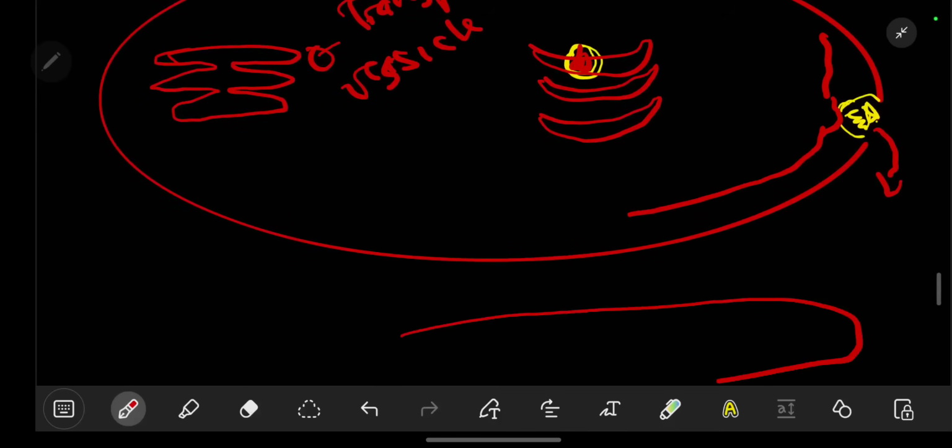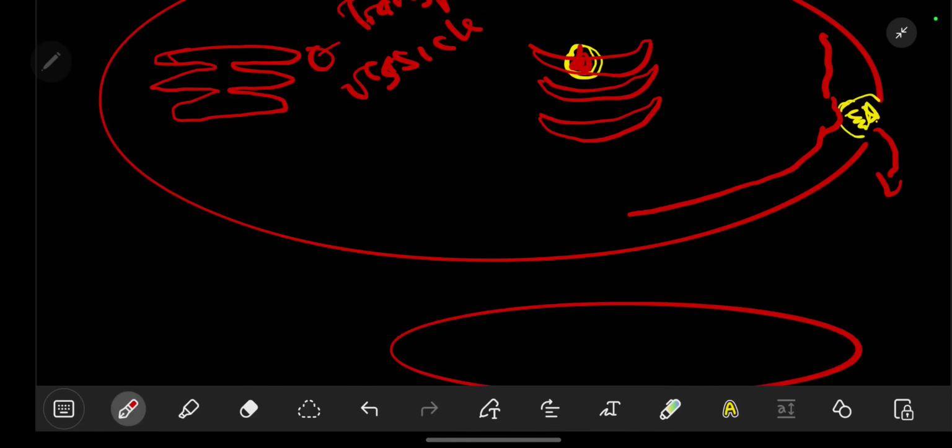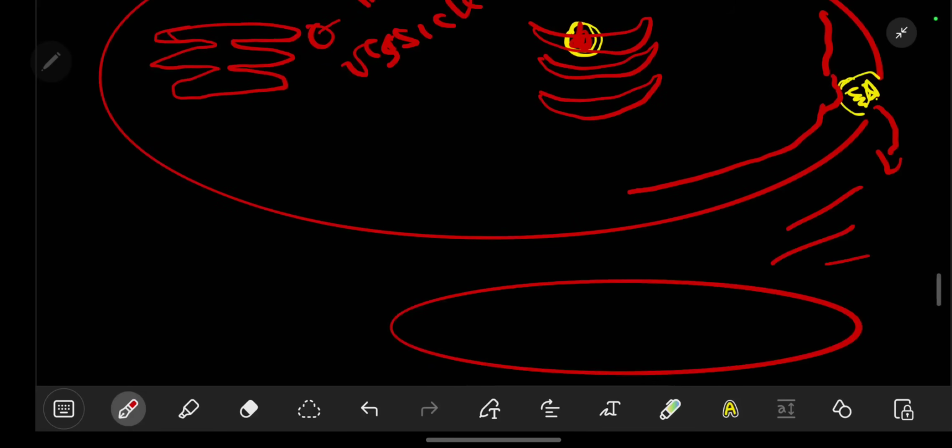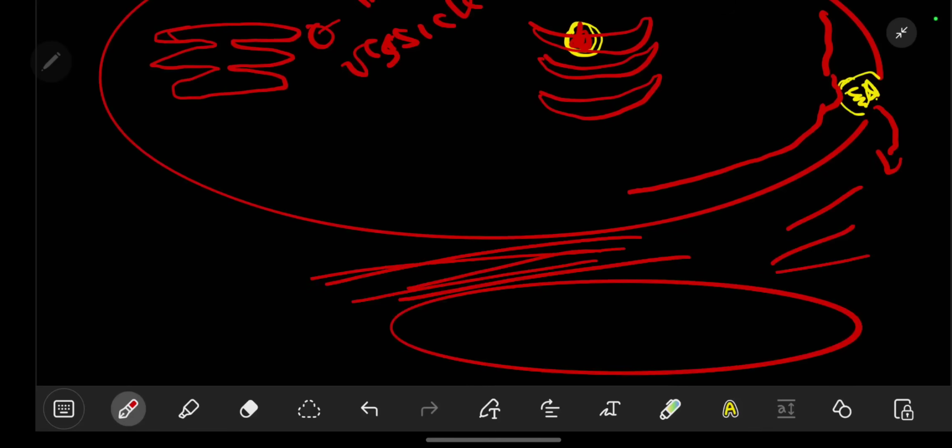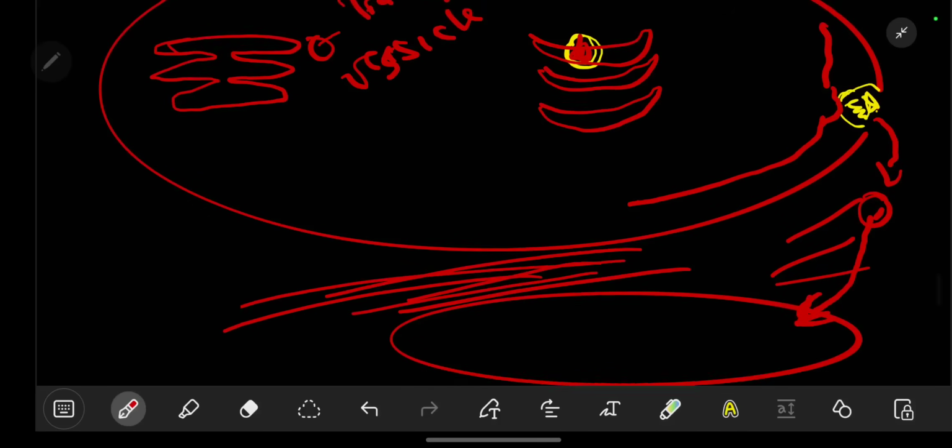Extracellular fluid is just the fluid found in between cells. So it passes through this extracellular fluid and enters the other cell through various processes such as endocytosis.